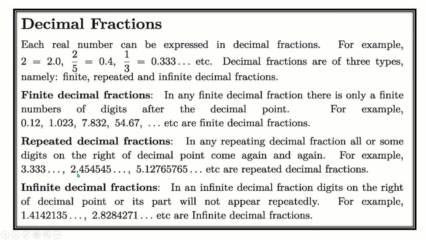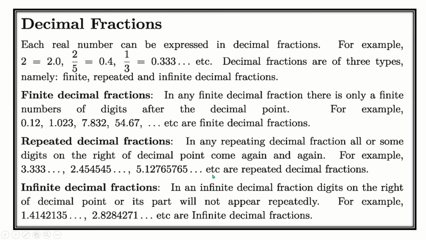Here 4 5 is repeated after the decimal point: 4 5 4 5 4 5. And here 7 6 5 are repeated. Start from 7, 1 2 does not repeat. Here 7 6 5 is repeated, next also will be 7 6 5 etc.